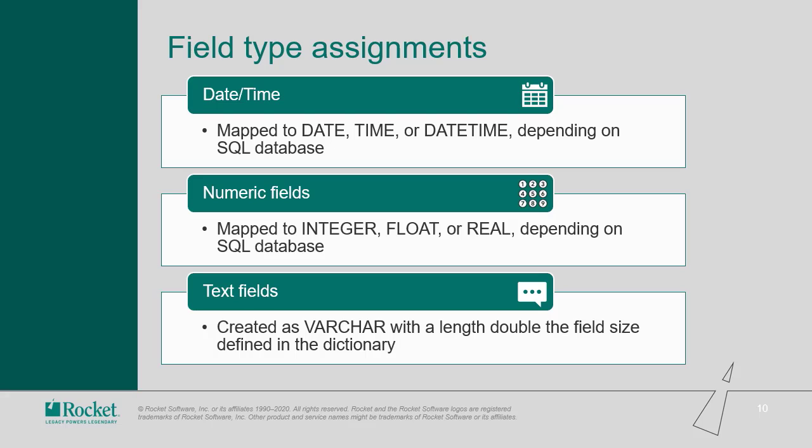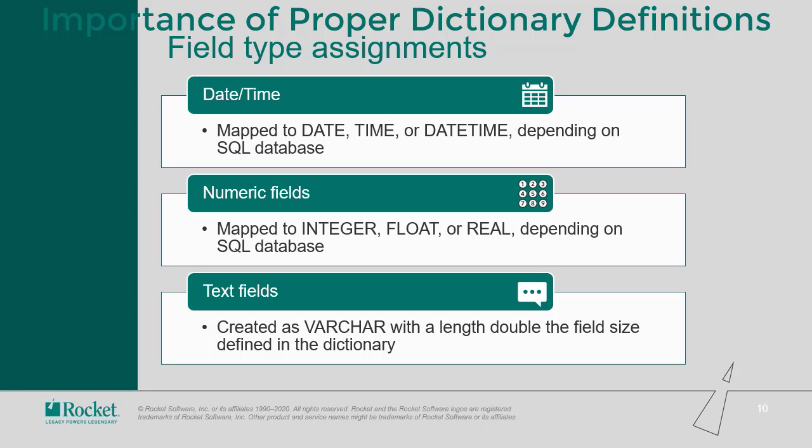And text fields are created as a varchar, variable length character. It defaults to a length double the field size defined in the dictionary. So usually that provides you a pretty good buffer between the way the field is defined and the way the data actually appears. But you may need to increase it even more, and that's something you can easily do with the Schema Manager.